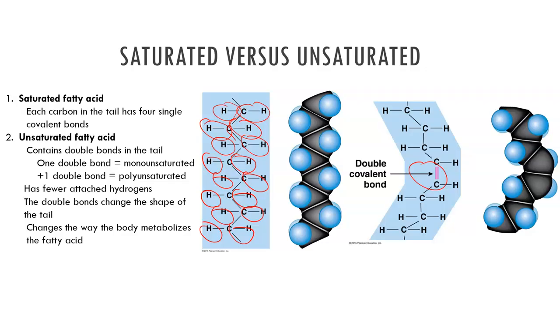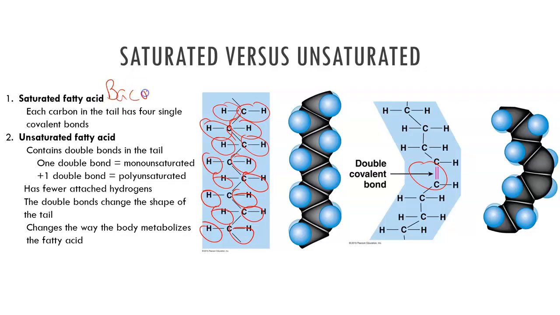So saturated fats typically are solid at room temperature, whereas unsaturated fats are typically liquid at room temperature. You think about lard or bacon fat.